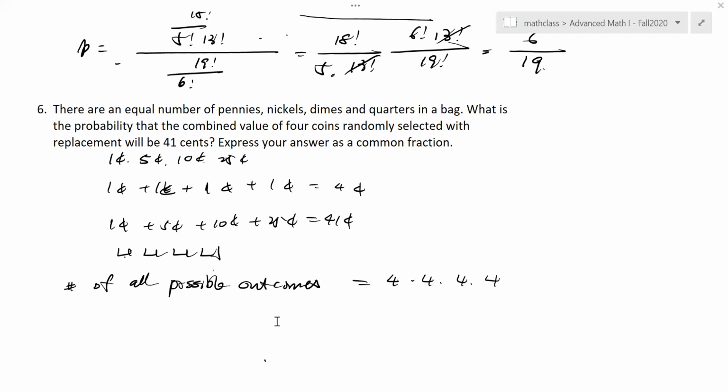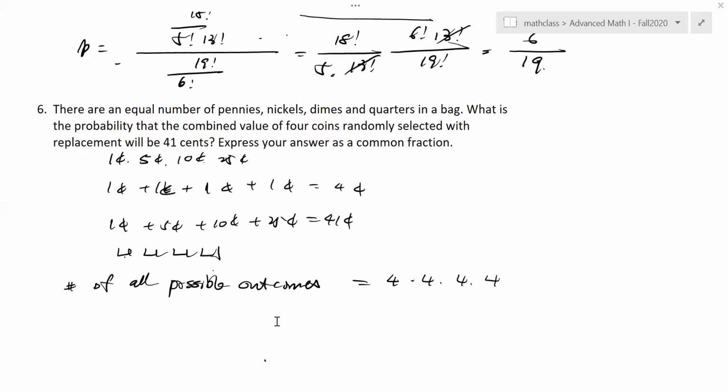So the denominator is clear, right? Because every time you write down four numbers, those four numbers can only be 1, 5, 10, or 25. We can repeatedly write down the same number, clear? And so the number of all possible outcomes is just like flipping a coin. For the coin, you only have two outcomes for each flip, heads or tails. But here you have four possible numbers each time.